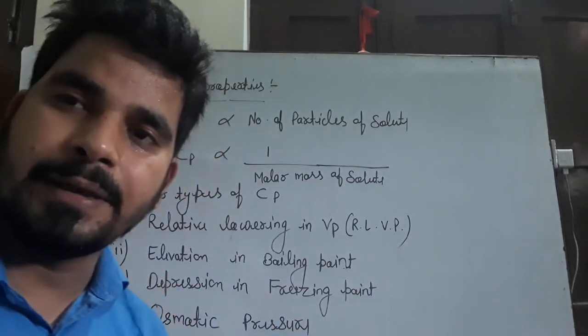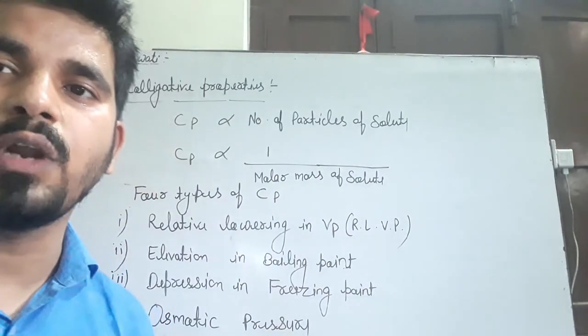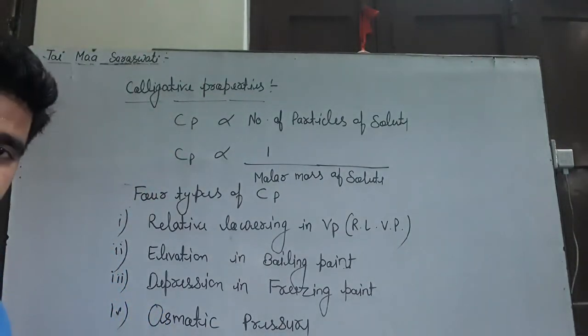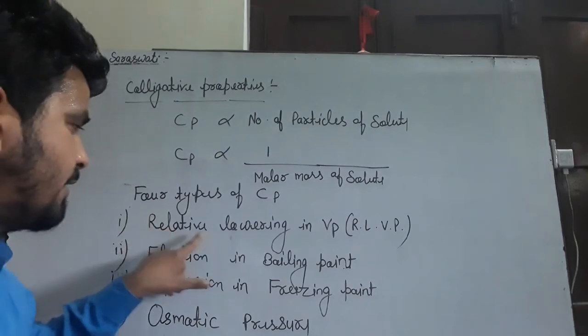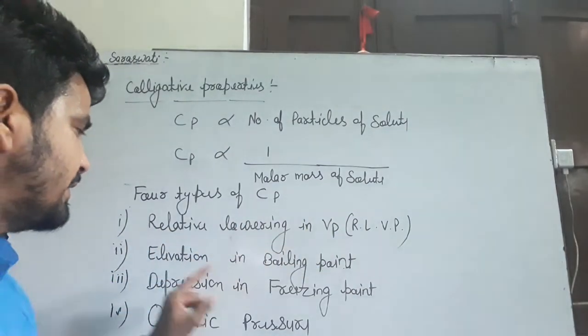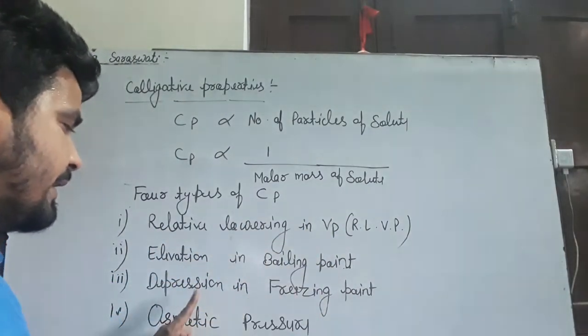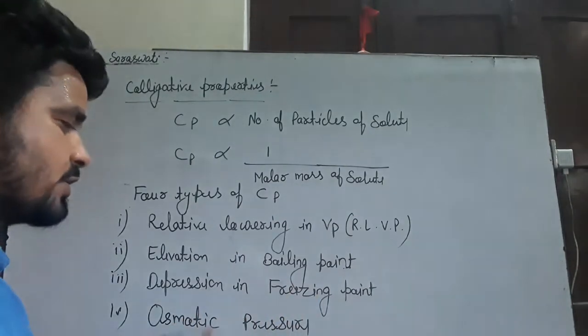These four are colligative properties. Again: RLVP, relative lowering in vapor pressure, elevation in boiling point, depression in freezing point, osmotic pressure.